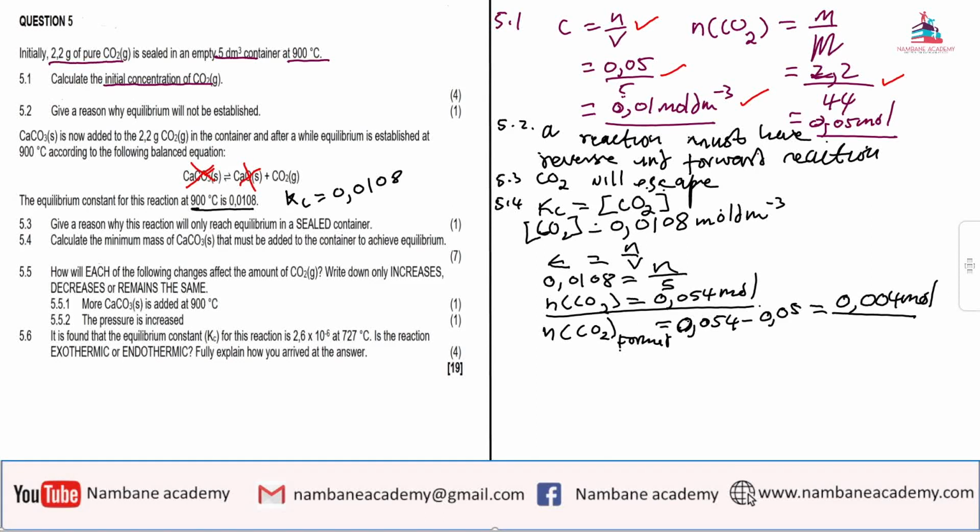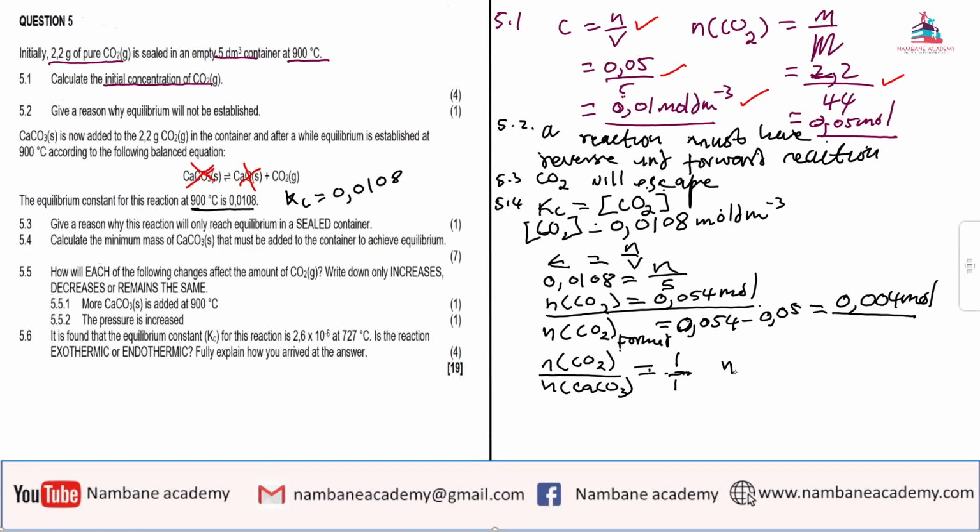Then let's go here and say the number of moles of CO2 over the number of moles of CaCO3 is basically 1 over 1 according to the balanced chemical equation.